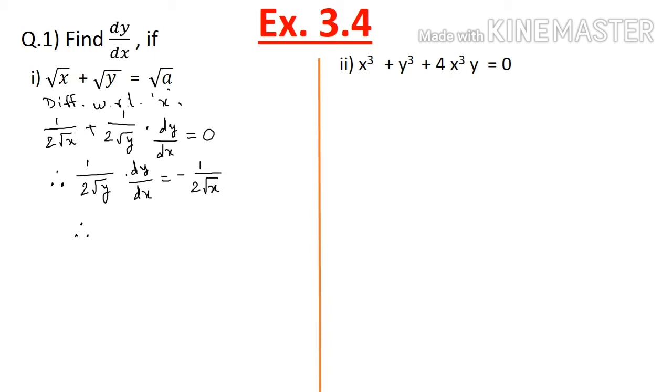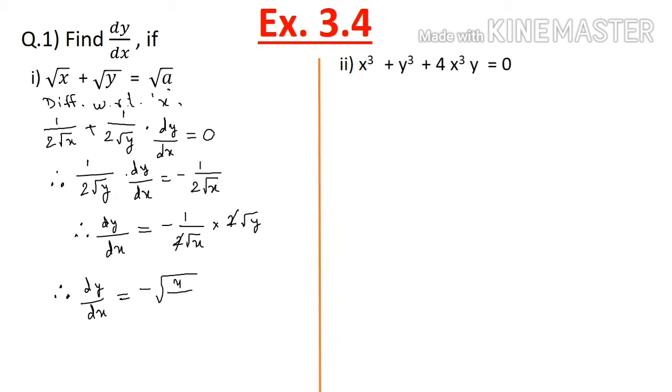So therefore dy by dx is equal to minus of 2 root x into this 1 upon 2 root y, which will become 2 root y on the RHS. So we can cancel this 2 and you get dy by dx is equal to minus of root y upon x. This is your final answer.